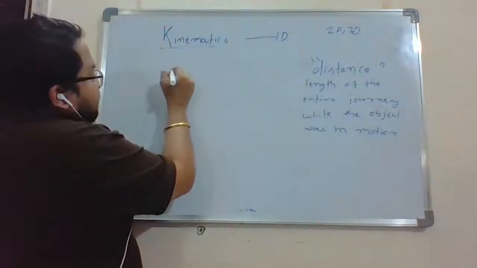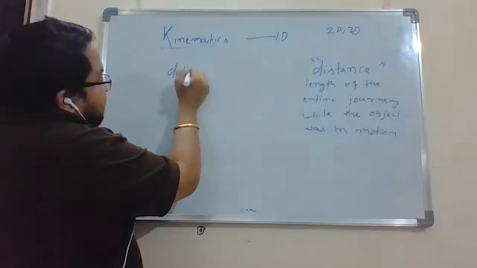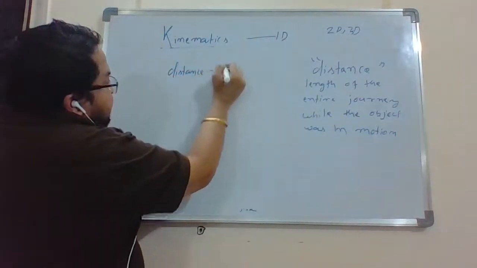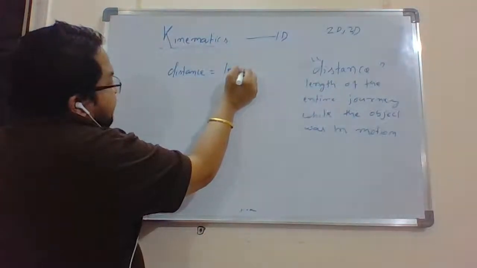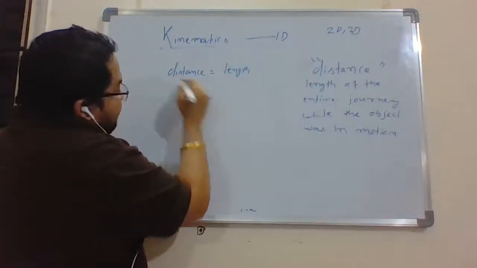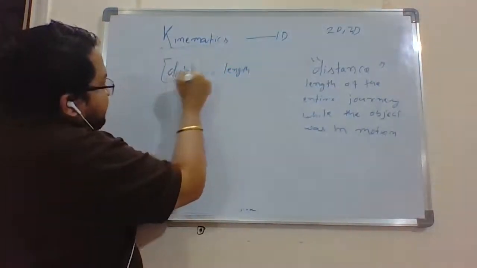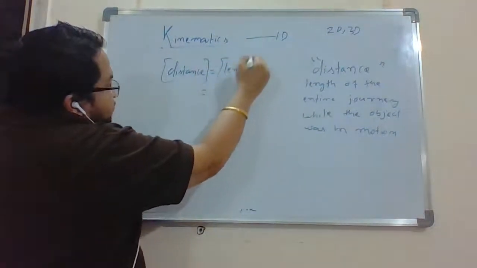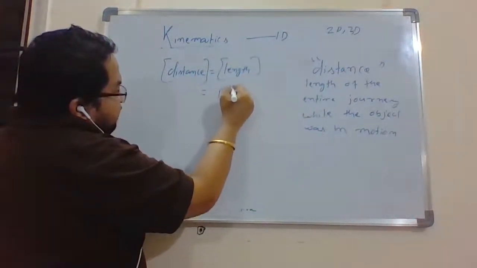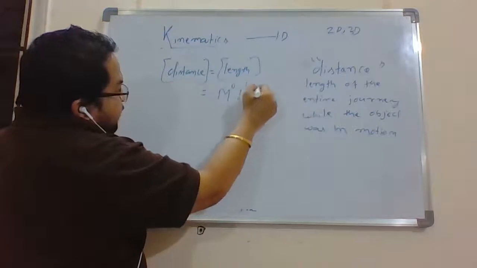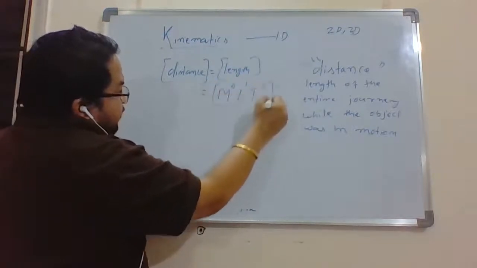So distance is nothing but a length only, right? So obviously its dimension would be mass to the power 0, length to the power 1, time to the power 0.